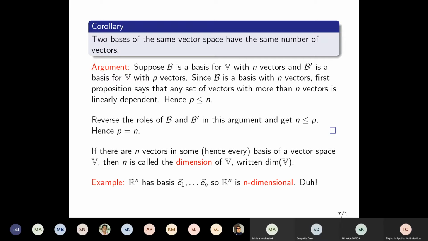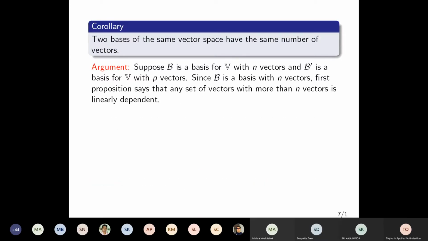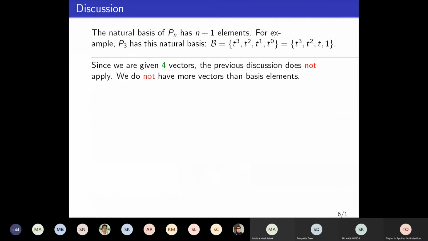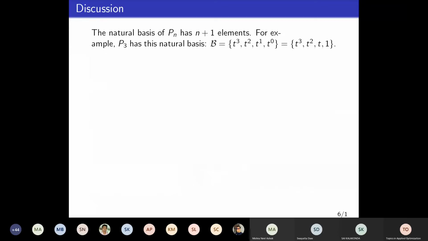So you go to the previous slide. It says a space of dimension n needs a basis of n plus 1 vectors. Here it's about polynomials. If you want to denote a 2-degree polynomial, it looks like ax square plus bx plus c.